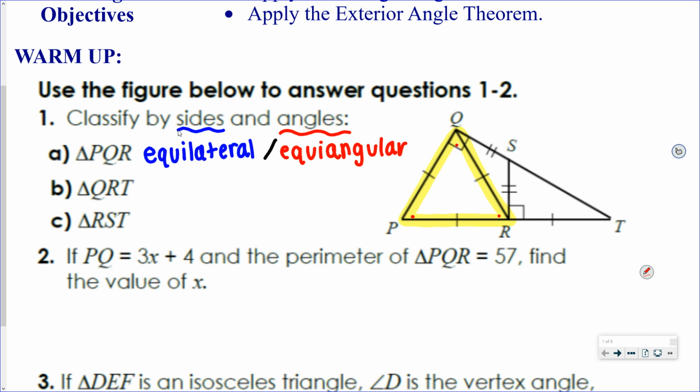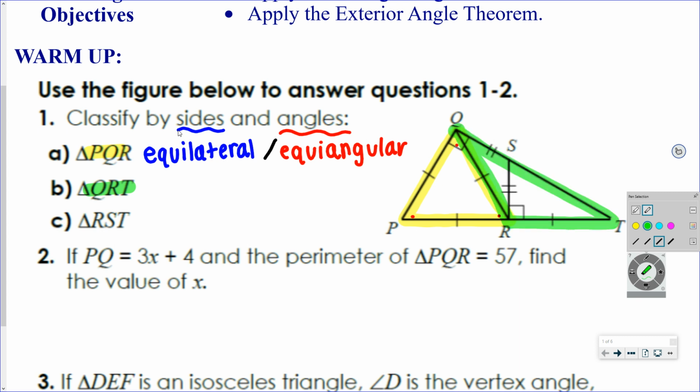Oh, my markers. All right. Next triangle. Where did I go? Triangle QRT. All right, looking at its sides. Two congruent sides.